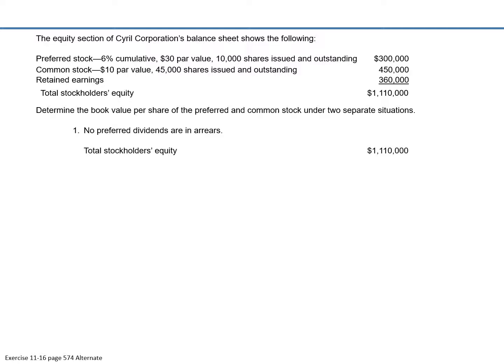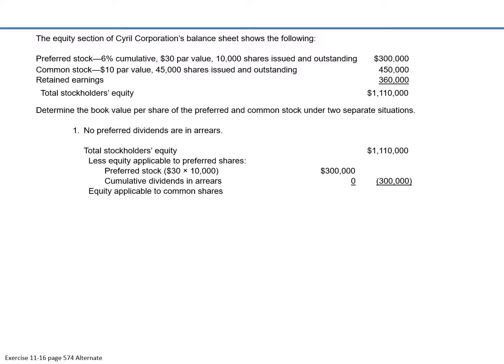All right, so stockholder equity is 1,110,000 less our equity that's applicable to preferred shares. So we don't have anything in arrears, so we just take our $30 times our 10,000 shares. So we have $300,000 of preferred stock. Cumulative dividends in arrears is 0. So we have 1,110,000 less 300,000 for a total equity applicable to common shares of 810,000.